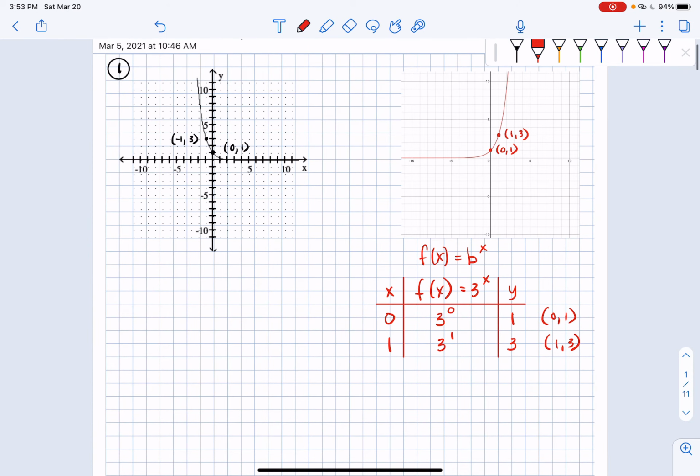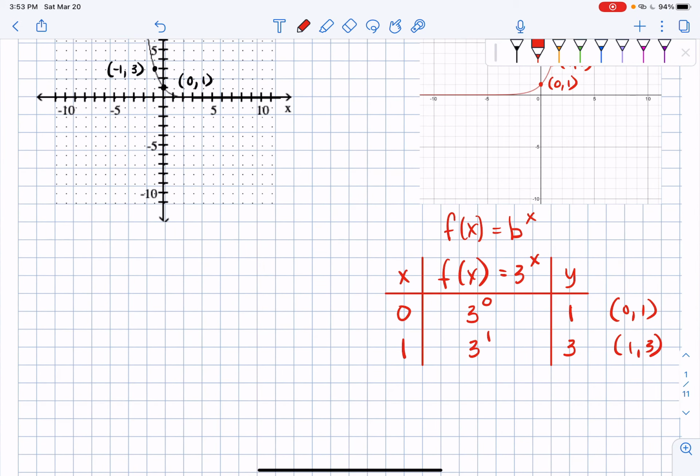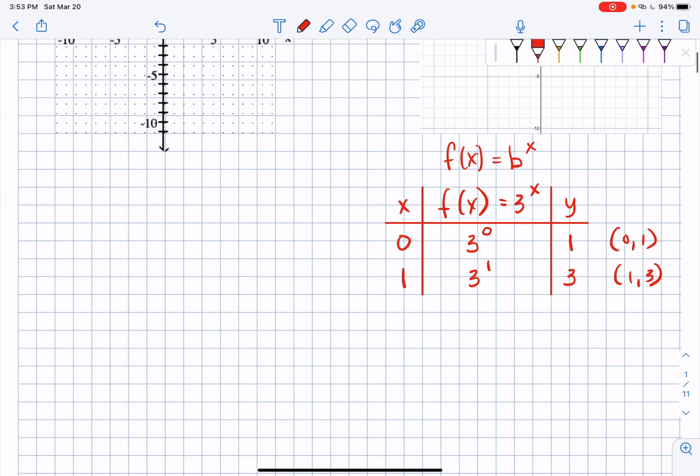So that's the reason why I knew that the equation is f of x equals 3 to the x. Well, if it flipped over the y-axis, what value changed? Did the x change or did the y change? Well, the x value changed. If you look at the original, which was (1, 3), it went to (-1, 3).